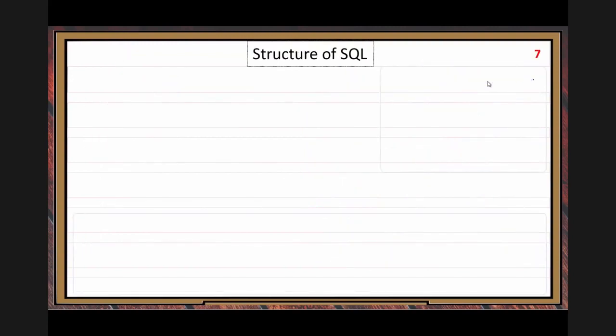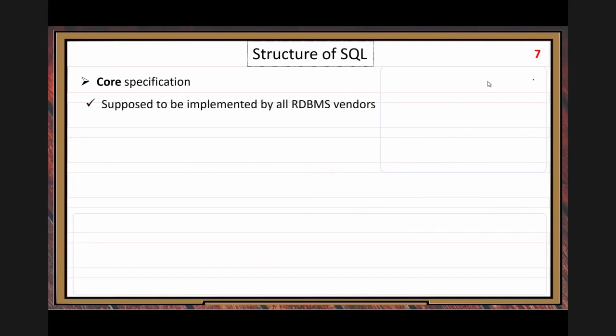Structure of SQL. Core specification is the standard part, because it's core. All DBMS should use this core part, supposed to be implemented by all relational RDBMS vendors. Then different vendors have their own specialized extensions.